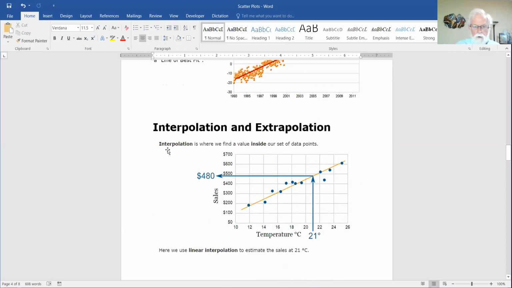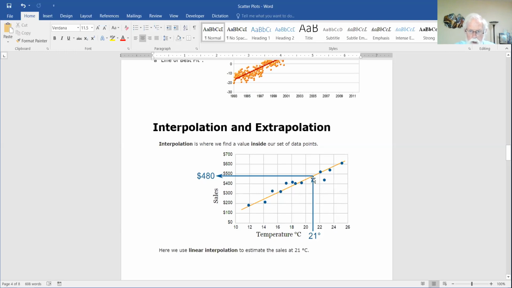We have a process called interpolation, which is finding an unknown level of sales, now going back to the ice cream, that we might expect at a temperature that wasn't actually measured. In this case, we have no data between approximately 19.5 degrees centigrade and 22 degrees centigrade.